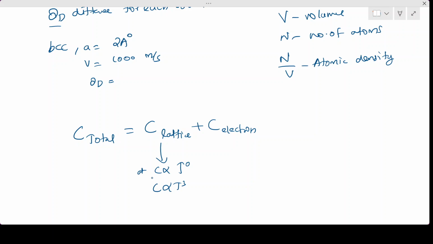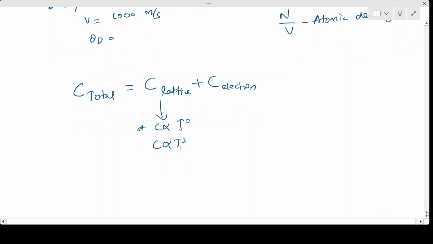So you can say that Debye was able to successfully explain the dependence of specific heat capacity of lattice vibration on temperature at high temperature and low temperature. But Debye could not explain the specific heat capacity due to electrons.